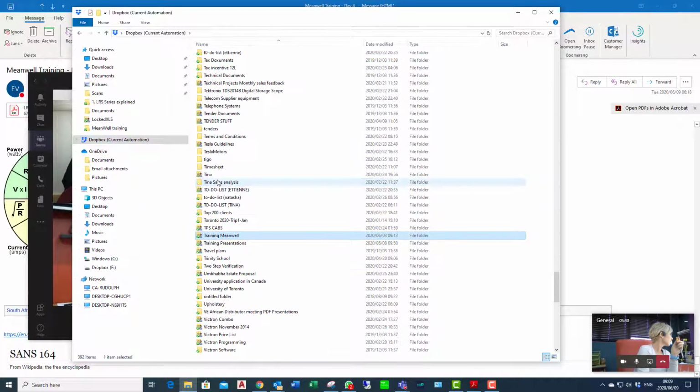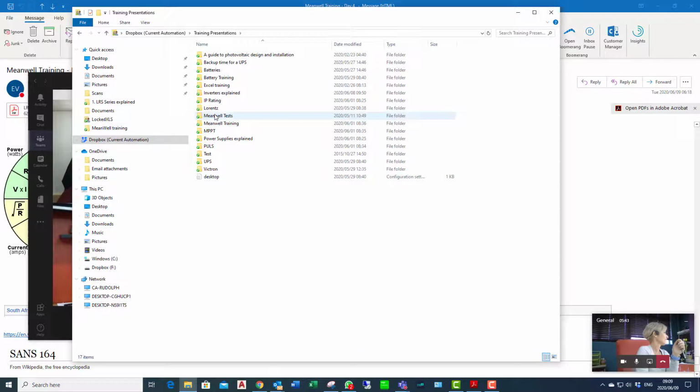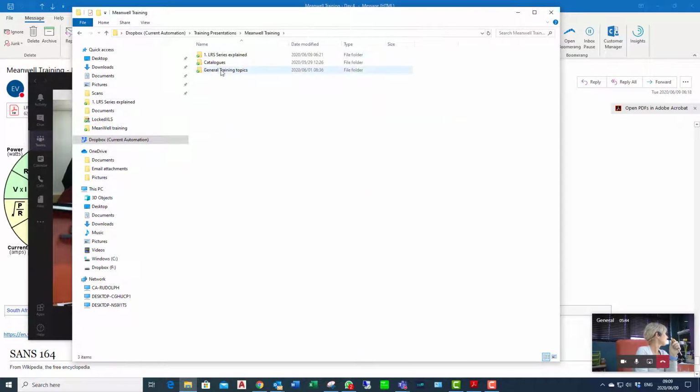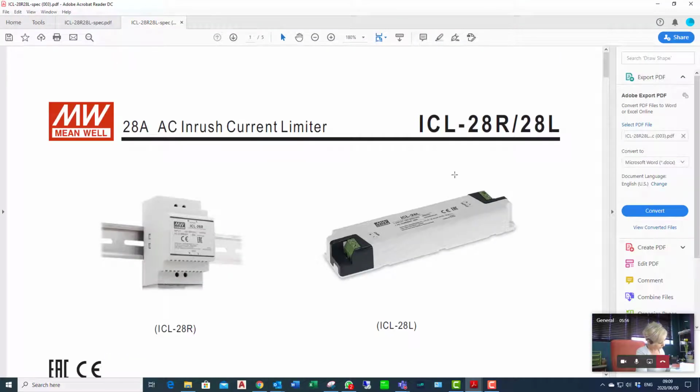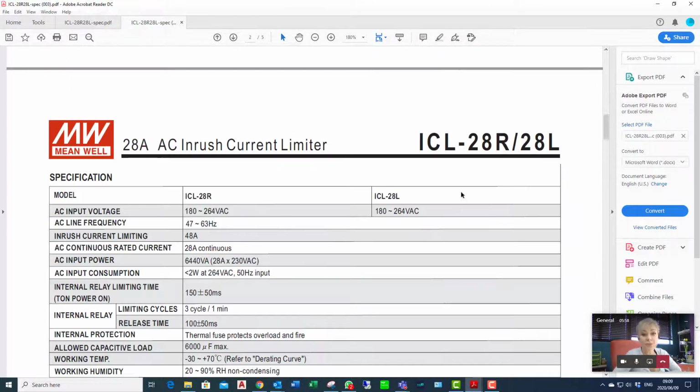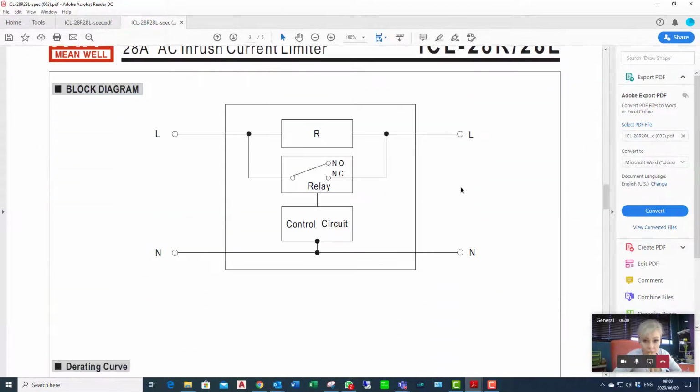So training presentations. I've got the ICL here. I'm just going to open it up. Can you guys see this from my screen? If you look at this screen, you've got your live and neutral coming in and your live and neutral going out.